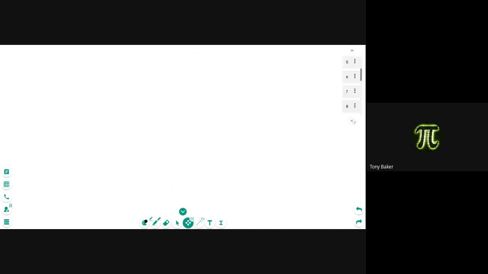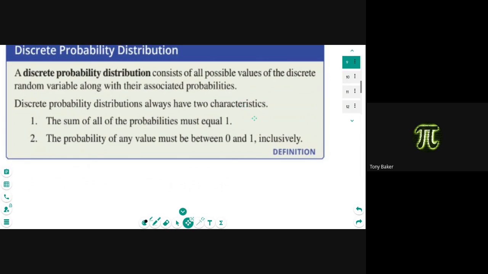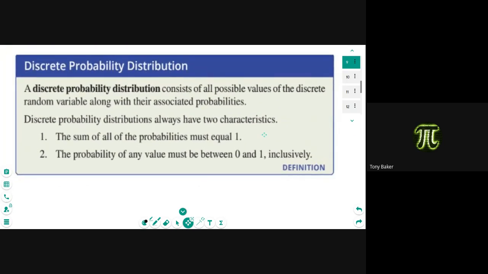All right. Let's look at actually creating a probability distribution. What are two of the criteria from probability last week? What were two of the laws that we had? One was that the probabilities have to add up to 1. If you add up all the probabilities, they have to equal 1.